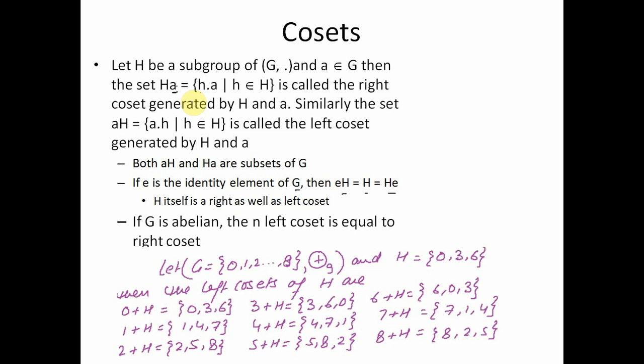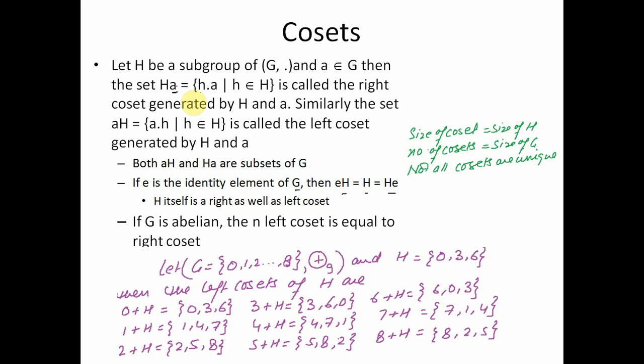If you see the definition carefully, you will understand that the coset is actually being defined by the subset and the element A from G. So the number of cosets that can be defined is equal to the size of G. Every element of G is defining a new coset, so the number of elements in G will be equal to the number of cosets that are defined.